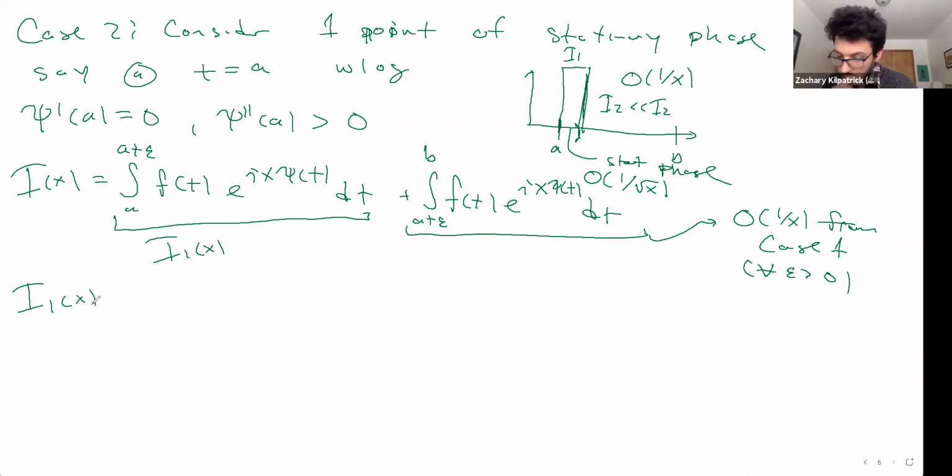So now let's compute I1 of x. I1 of x is going to be the integral from a to a plus epsilon f of t e to the i x psi of t dt. Okay. And what do you think we're going to do now?